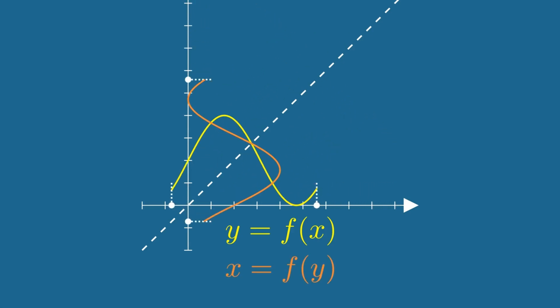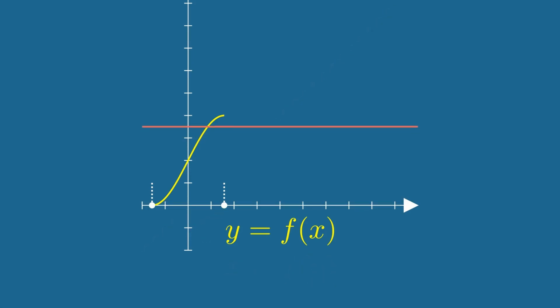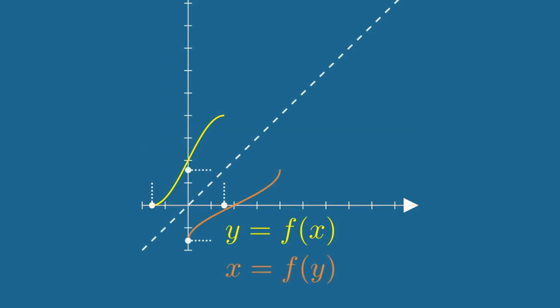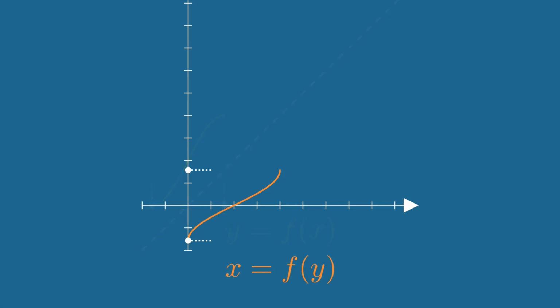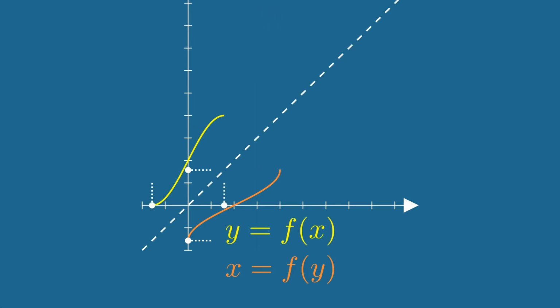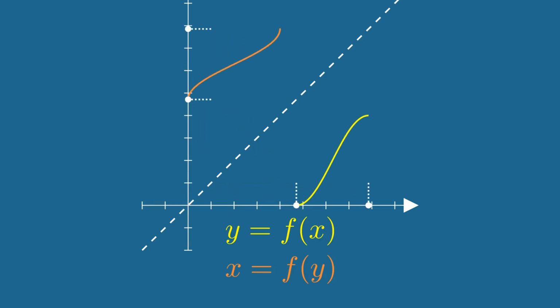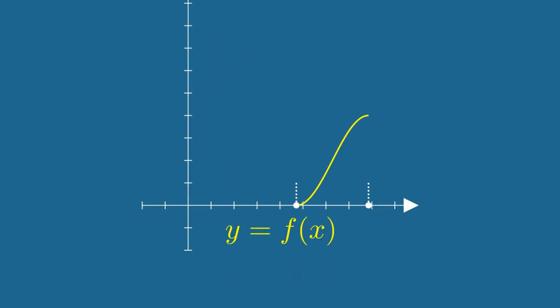If we restrict the domain of the function so that it becomes one-to-one, where it passes the horizontal line test, and then when we invert it, we finally get a valid inverse function that passes the vertical line test. But keep in mind, there can be multiple possible domains to restrict to. Here's another example.